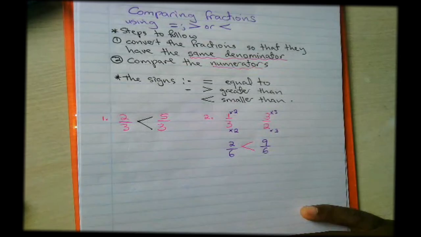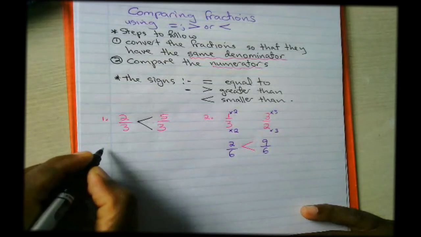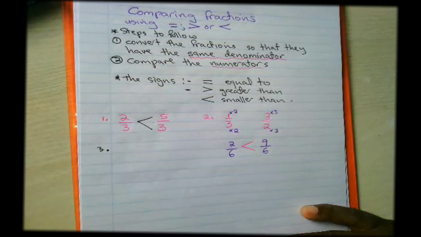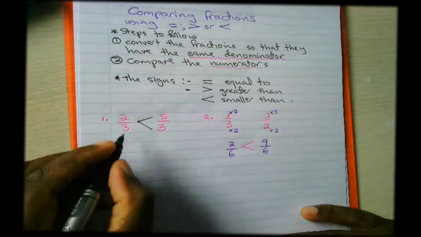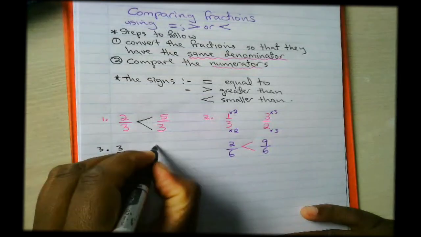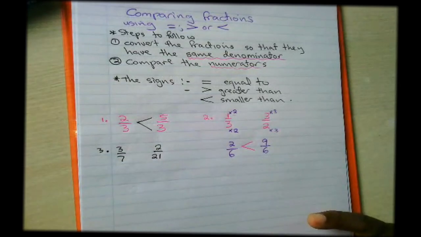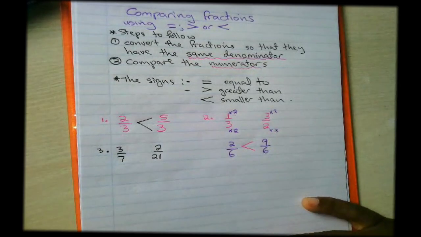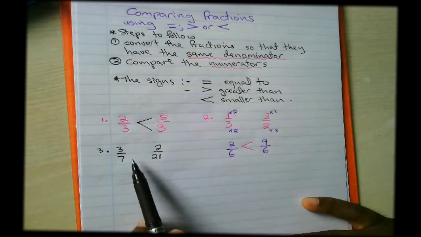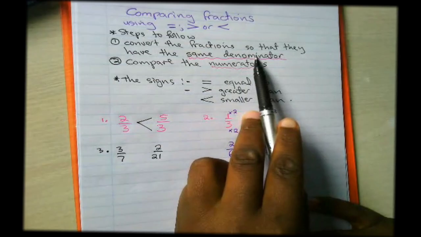Let's think of another set of fractions, question number 3. I have 3 over 7, and then I have 2 over 21. This one is easier. Remember we said that before we can compare them, we ensure that the denominators are the same.